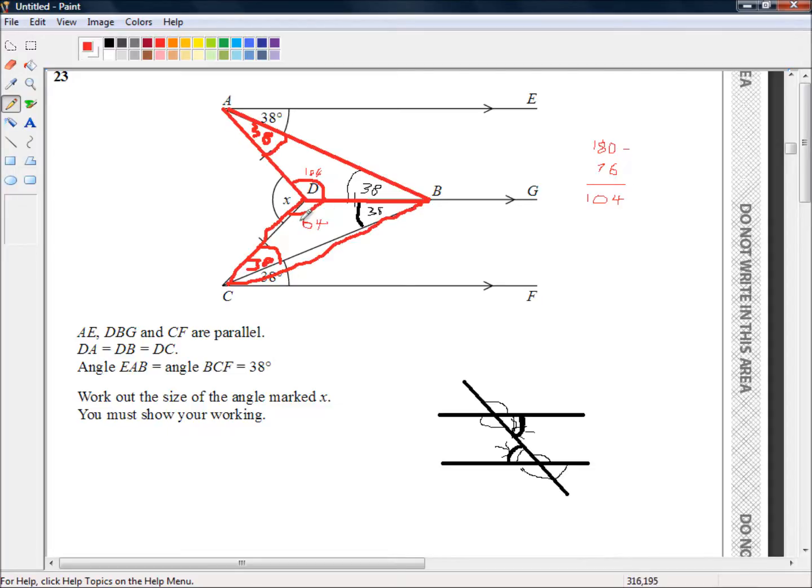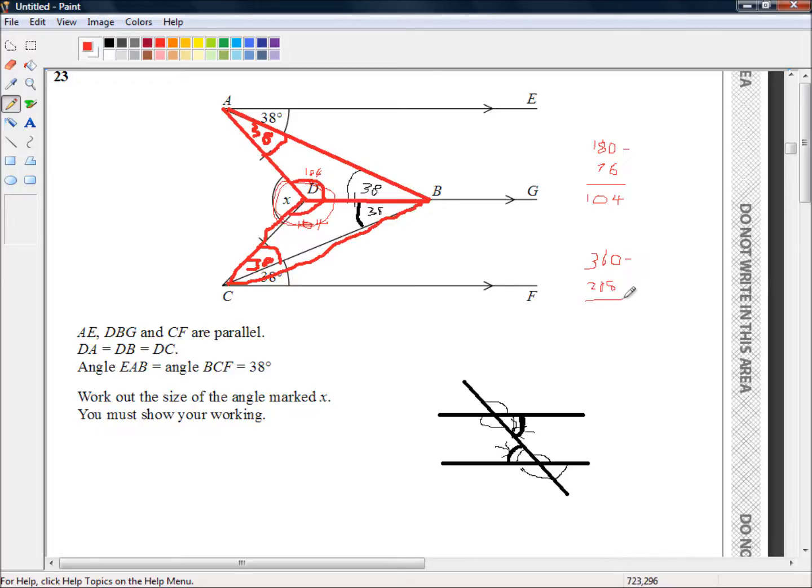Which means this angle x, if you notice, this is pretty much a whole circle, and there's 360 degrees in a circle. So this angle x is 360 minus 2 times 104, and 2 times 104 is just 208.